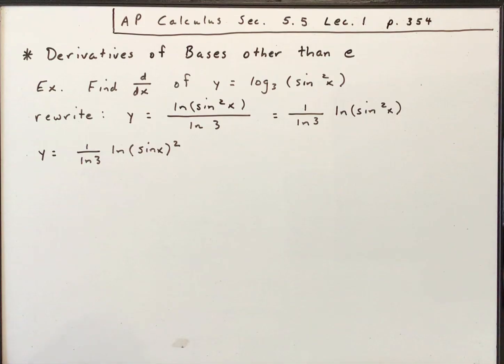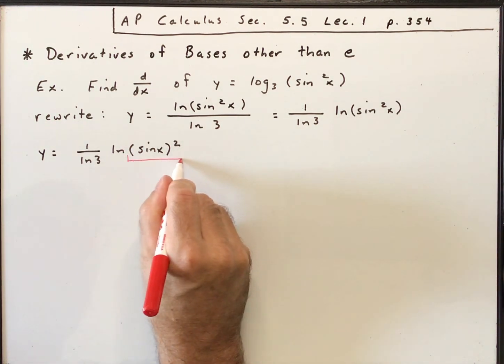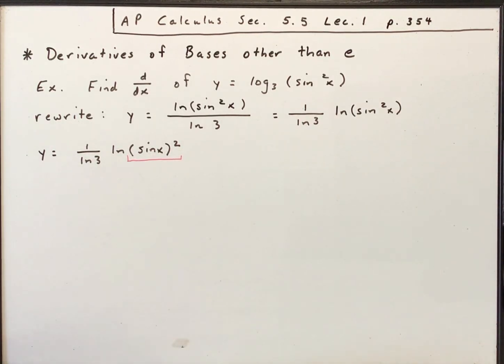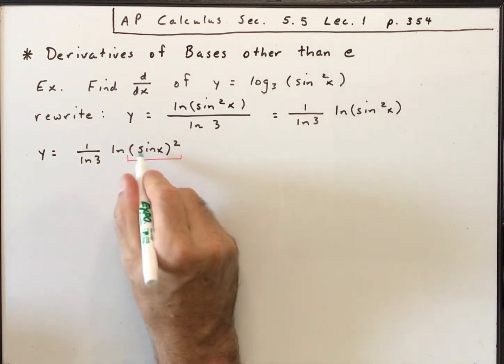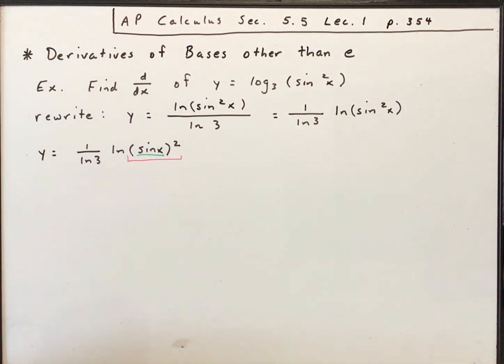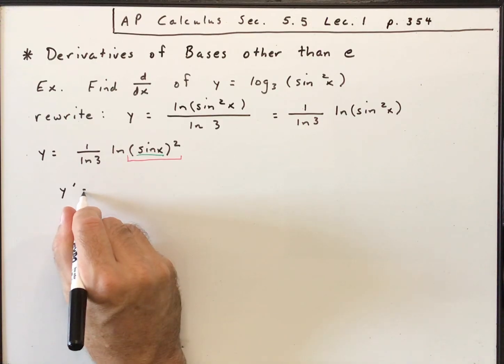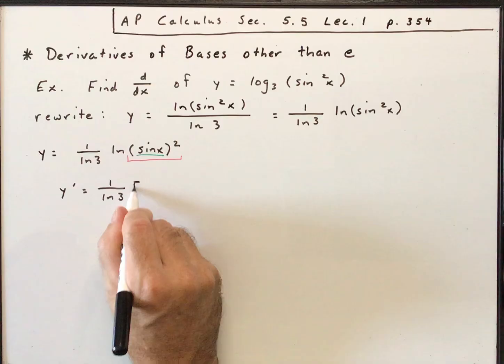So this makes our life just a little bit easier to visualize, because what I've been calling the BLOP or the inner function, we have the sine squared x, and then we have an even more inner function, which I'll show in green, sine x. Okay, so we have a chain rule here. So y prime is equal to 1 over natural log 3.